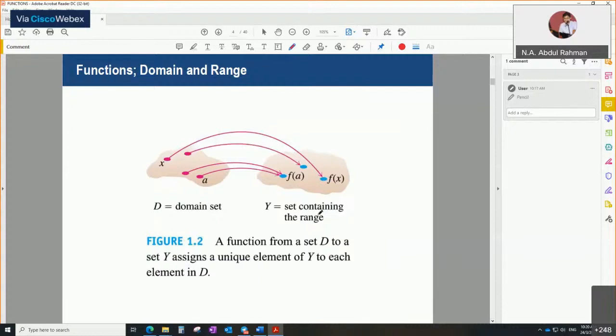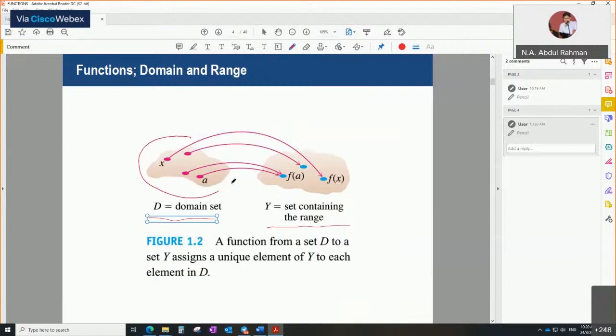Okay. So this is another representation of domain and range. D again is the domain, Y is the set containing the range, or you can say the output, and the domain is the input. So this is an illustration. Let's say you have a set of numbers. You can imagine this as a bucket. For example, this is another bucket.